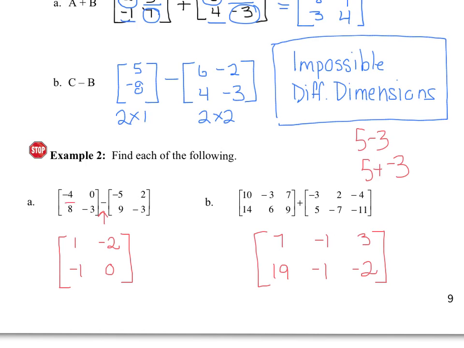So again, if you have negative 4, it's minus negative 5, turning that into a plus, and so on. What I like to do whenever I see a subtraction sign is instead of subtracting, I like to take this adding the opposite idea. So if I add the opposite of the second matrix here, it is a positive 5, negative 2, negative 9, and positive 3, and then you just add them.